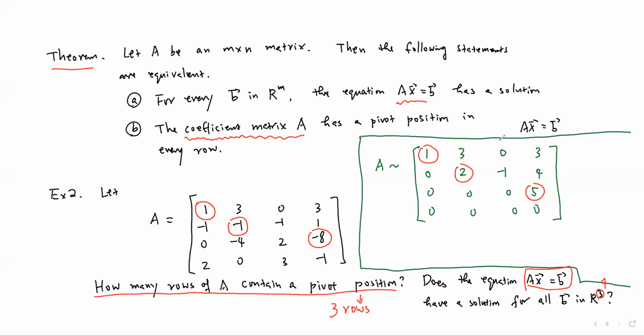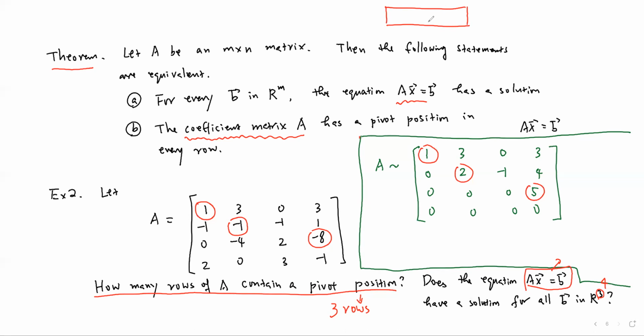Yes. If every row contains a pivot position, then this linear system has a solution for all B. When the coefficient matrix is rectangular, with the number of rows less than the number of columns, some columns contain no pivot position, but it doesn't matter.